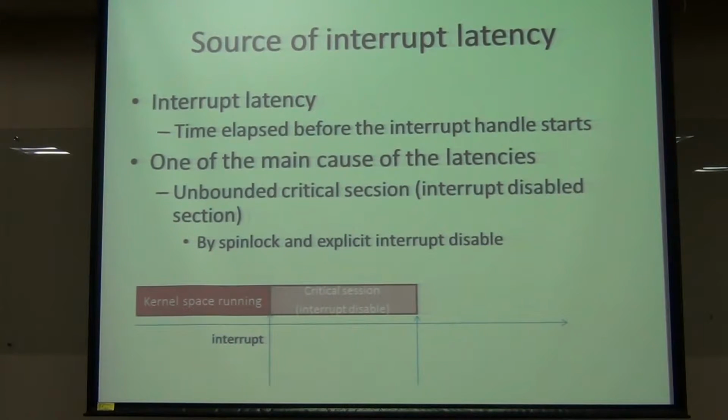However long that critical section is held is your interrupt latency. One example of an interrupt-disabling critical section is the spin lock. A spin lock is a lock where, instead of sleeping, you keep spinning on your lock. There are various types of spin lock, but the most used one is the one where you also disable the interrupt while you're spinning.